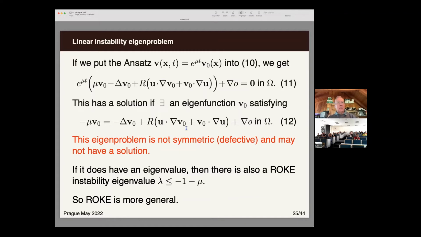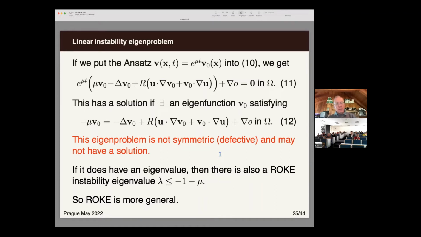Unfortunately, this eigenvalue problem is not symmetric. It can be defective, and it may not have any solution at all. In particular, for one flow problem, you can show that there are no such eigenvalues for that flow problem.